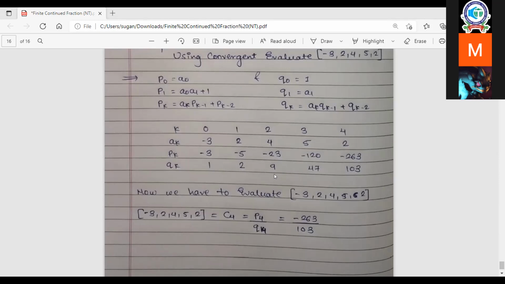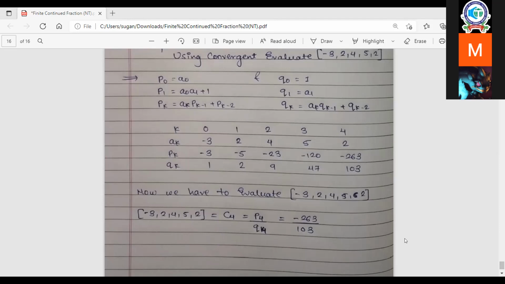Minus 23 into 47 is minus 1081, and minus 120 into 9 is minus 1080. So the answer is minus 1.